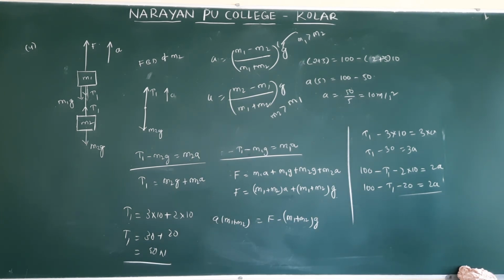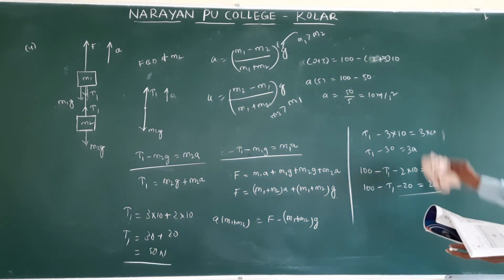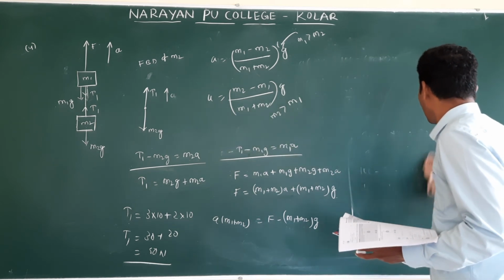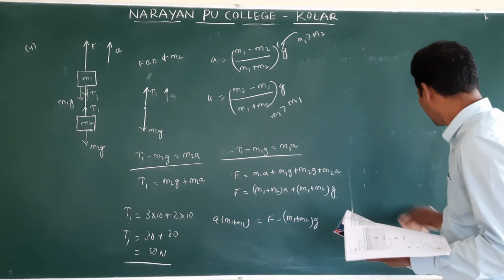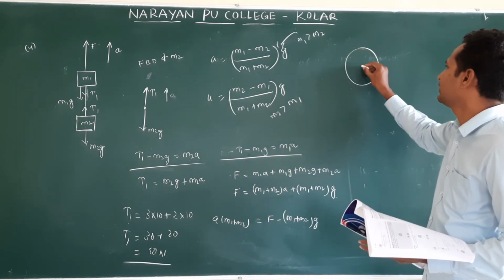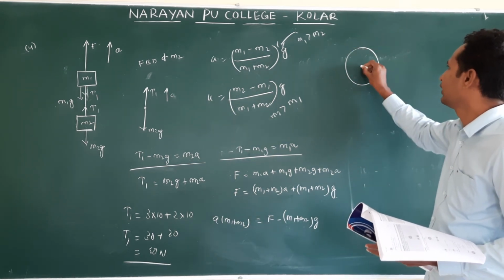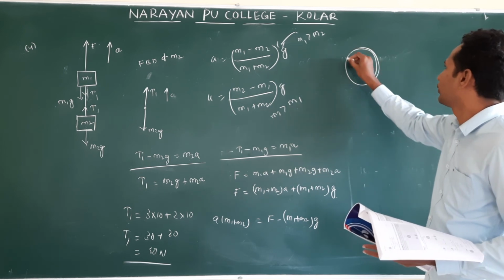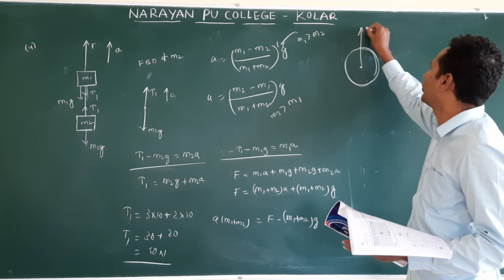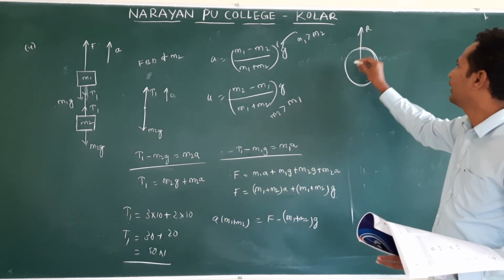Now another question they have given in this: the reaction of the pulley. This is important. See, very simple. That we did not discuss in our exercises. Here, this is the pulley support. This exerts force upwards, R. Why?